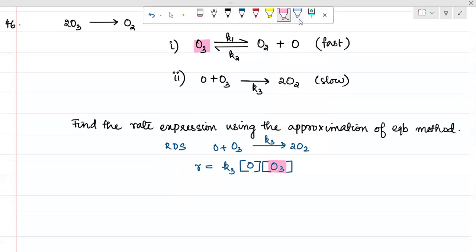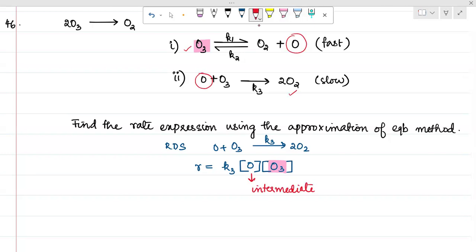For example, you have O over here. It's not there in the reactant side. It's not there on the product hand side. So this is the intermediate that you have to rule out. And if you have to rule out that intermediate, you need the method of equilibrium.